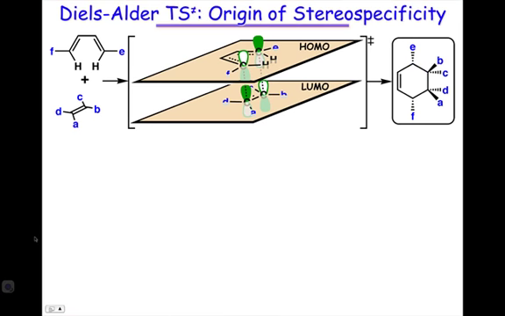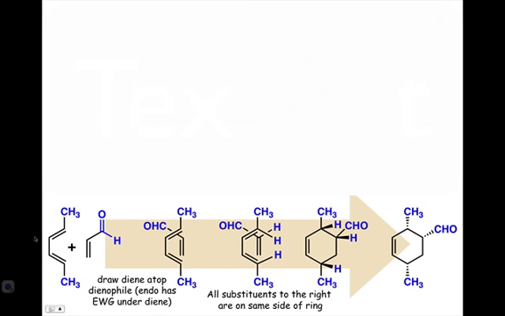You'll want to have the ability to draw the stereochemistry of any Diels-Alder product quickly and easily. The easiest way to do this is to pick a transition state and draw it from a top-side view, placing the substituents on the same side of the newly forming bonds with the same stereochemistry in the resulting product. The schematic at the bottom of this slide shows you how to do this.